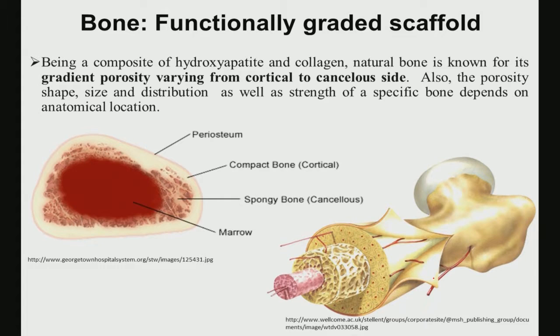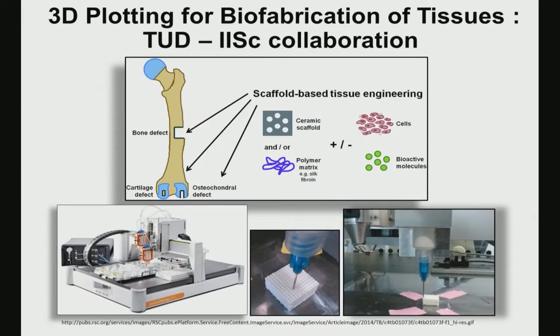That pore shape, pore size and their distribution, as well as strength, also depend on the anatomical location of the structure. It is very difficult to mimic this kind of gradient porous structure in artificial synthetic materials, and this gradient porous structure is what drives 3D printing to be adopted for tissue engineering applications.